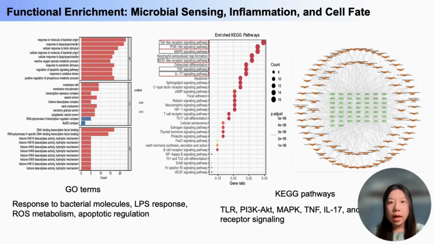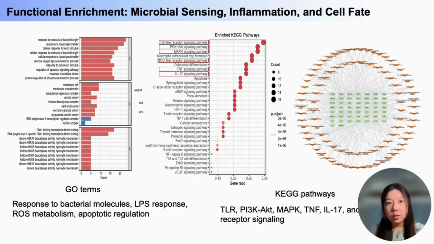These include toll-like receptor, PI3K-AKT, MAPK, TNF, IL-17, and NOD-like receptor signaling. These pathways are related to immune activation, inflammation, cell survival, and cell fate. So the results were consistent with our biological question. This result supports biological plausibility, but it doesn't prove causality.